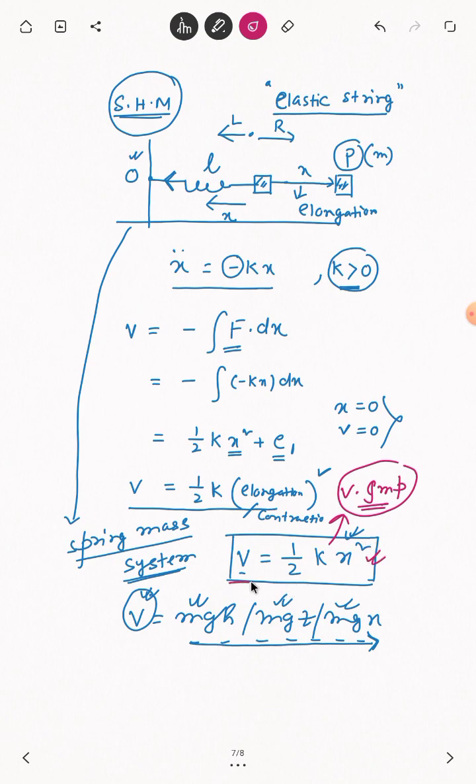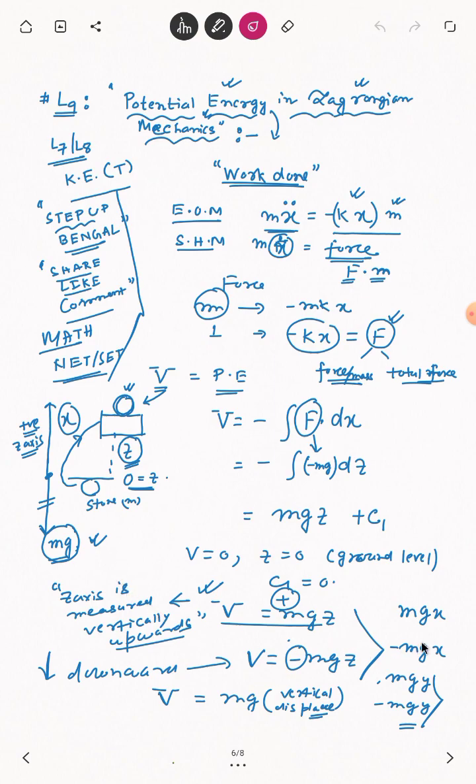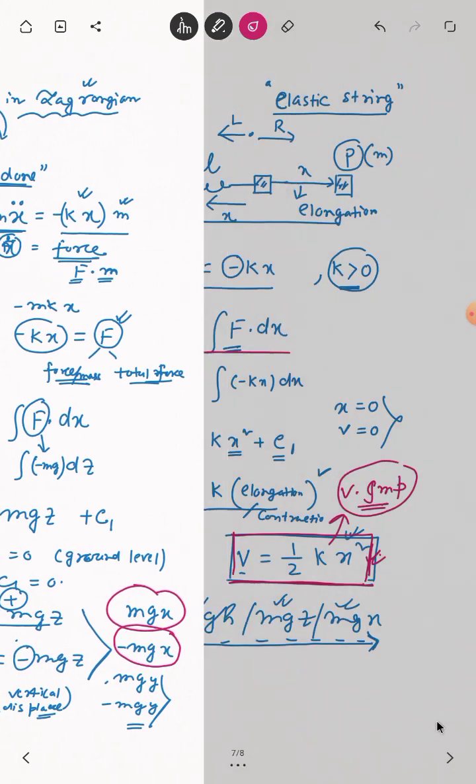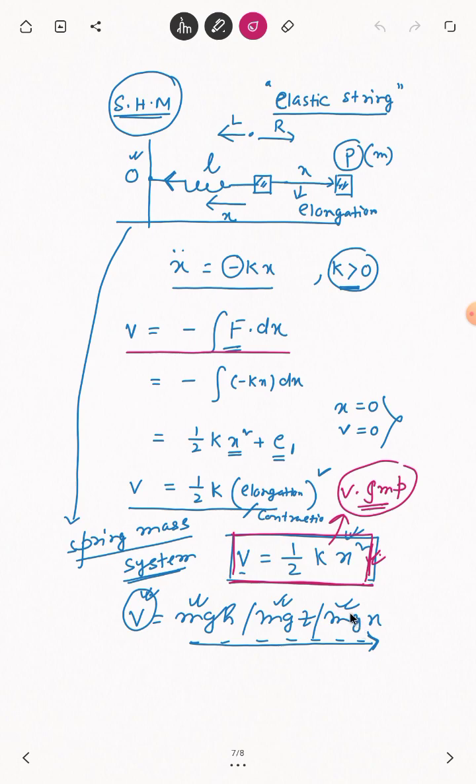Now we can easily solve all the problems if we just recall this particular result, and how to calculate potential energy, how it becomes mgx, or rather minus mgx in case of vertical displacement under gravity, or in case of general force.